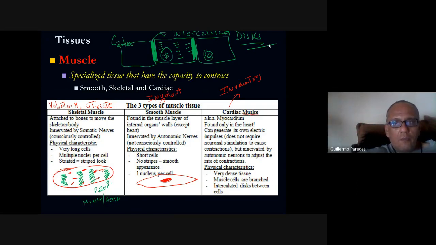It is to connect one cardiac cell to another cardiac cell. Why? Because they need to be very efficient at passing the electrical impulse that makes your heart contract and relax. That's why they have a very close connection through these intercalated discs. These intercalated discs are not present in the other types of muscle. We okay with that?